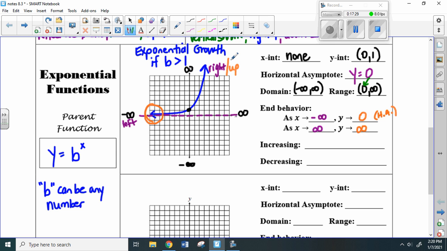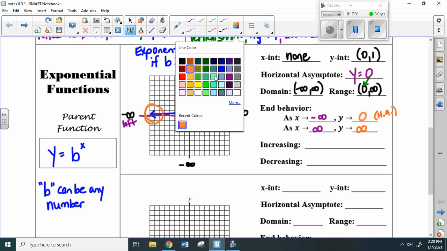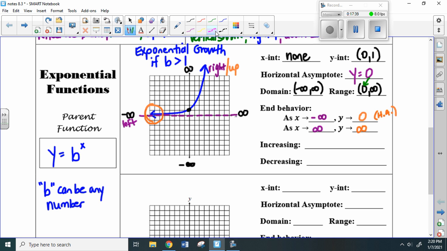All right. And then last but not least, you are going to have to be able to trace these things. And here, I can just use green. You're going to have to be able to trace these things from left to right and get your intervals of increasing and decreasing. So x values left to right.